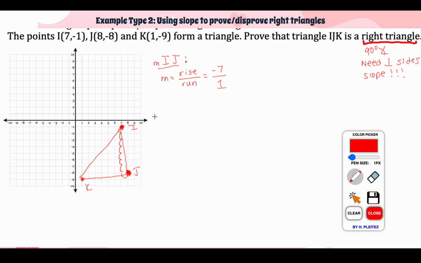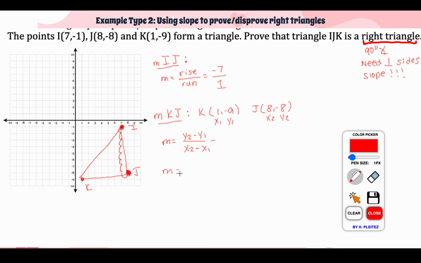Then we also need the slope of KJ. Now, let's use the formula for this one. And here we're rewriting our points. So K is (1, -9), and J is (8, -8). We get x1, y1, x2, y2, and we are using our slope formula: y2 minus y1 over x2 minus x1, and then we will substitute.